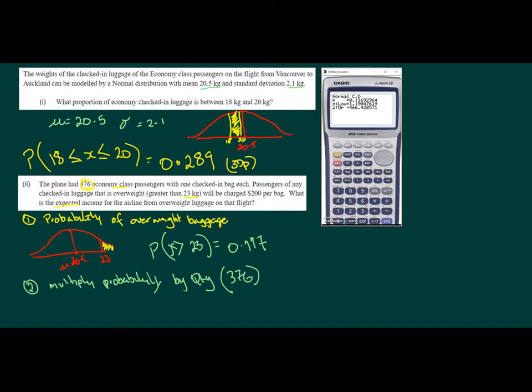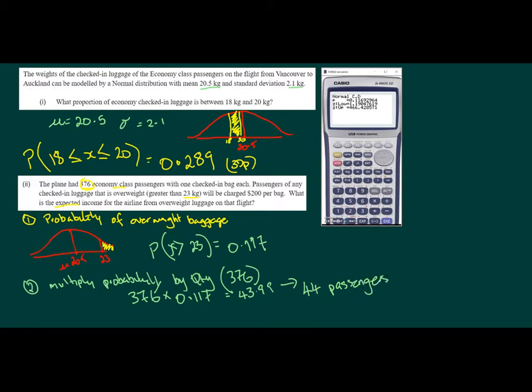So go to your calculator and do 376 times 0.117, and you'll get 43.99, which for all intents and purposes is 44 passengers.